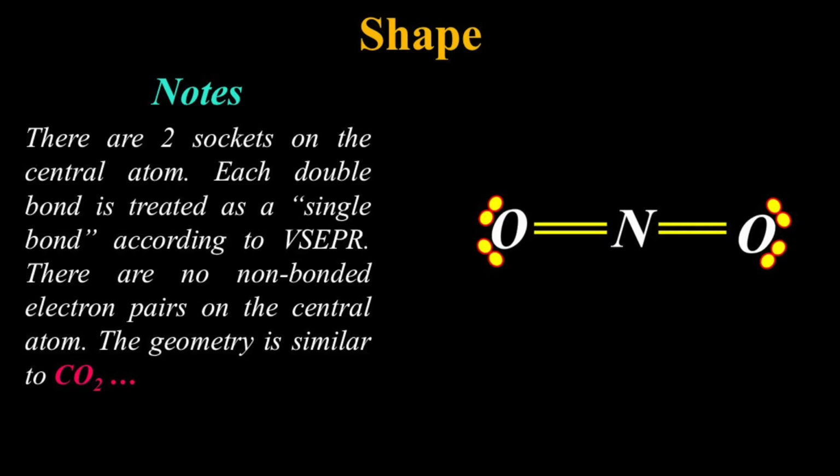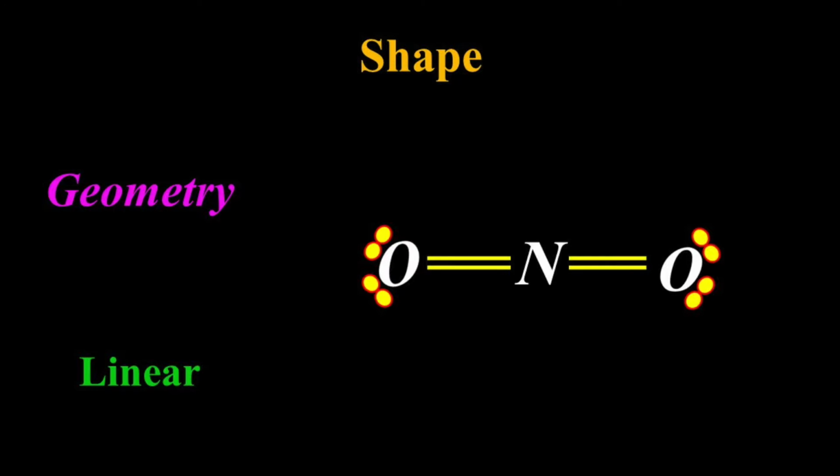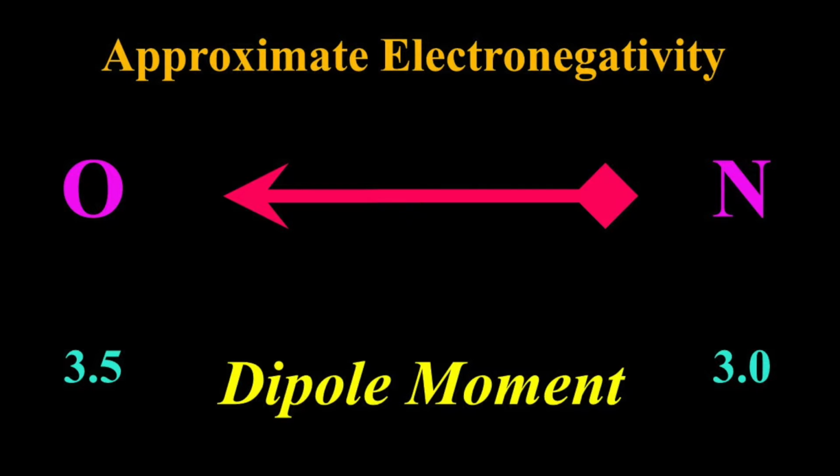According to VSEPR, there are no non-bonded electron pairs on the central atom. The geometry is similar to carbon dioxide. Therefore, it will be linear, and that's the final geometry of the particle NO2 plus 1 charge.